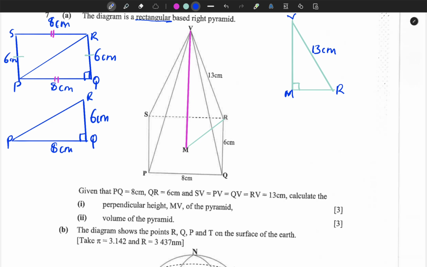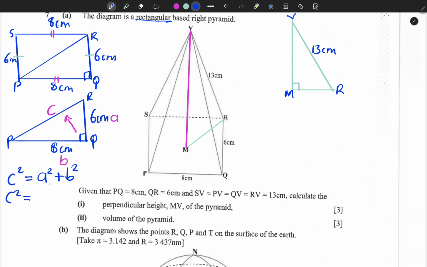I'm going to put some letters, A, B, and C. The longest one, where our 90 degrees is pointing, is the hypotenuse, denoted by letter C. The formula is C squared is equal to A squared plus B squared. Take note, A can be 8 centimeters and B 6 centimeters, or the way it is. It's not a big deal.